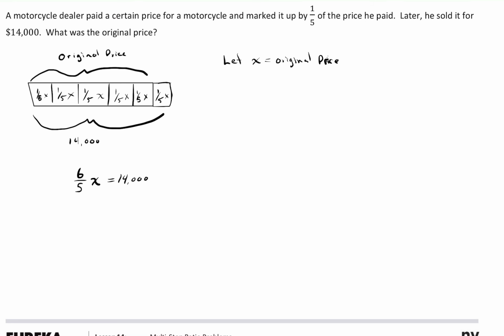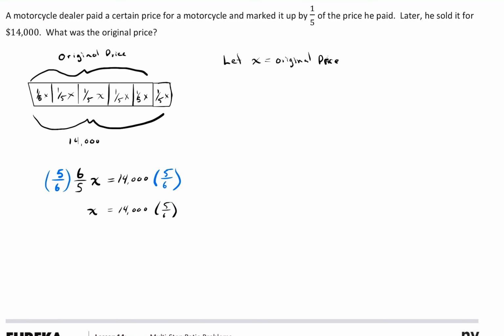We'll multiply by the reciprocal, multiply this by 5/6. What we do to one side of an equation, we have to do to the other, so we multiply this by 5/6 as well. When we do that, we end up with x on one side, and we have 14,000 times 5/6.